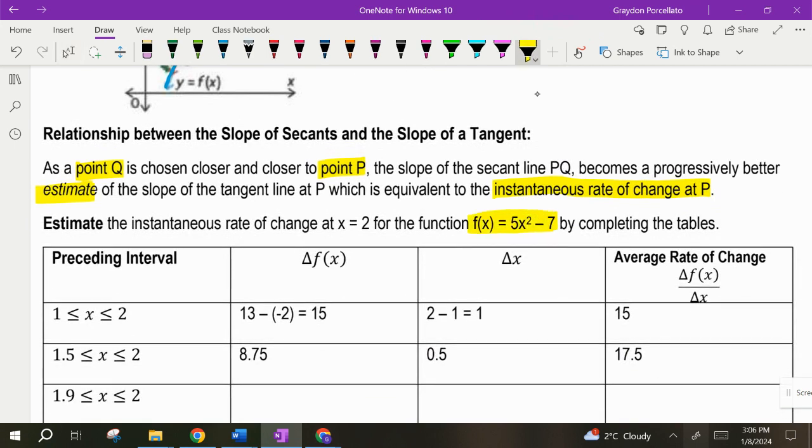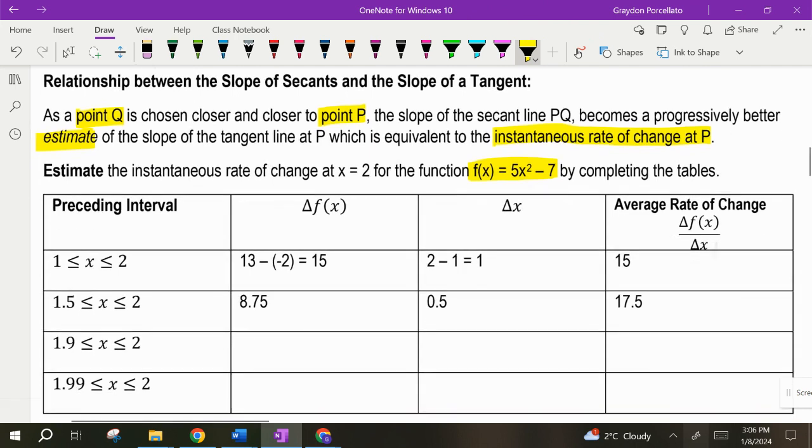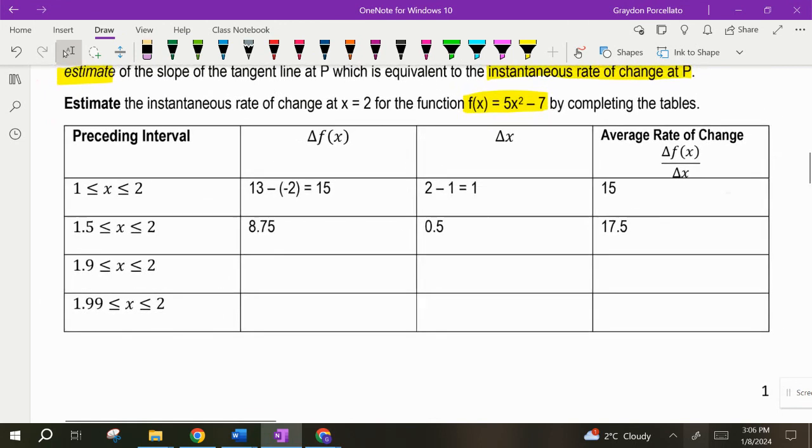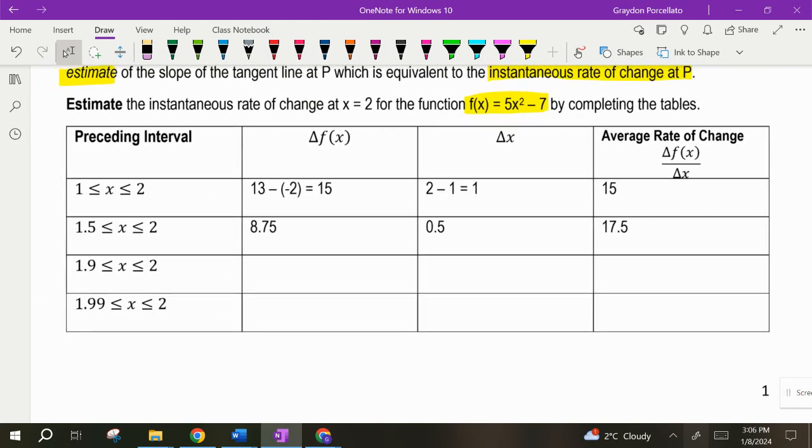We're going to use this function as an example. It says, estimate the instantaneous rate of change at x equal to 2 for the function f of x equals 5x squared minus 7 by completing this table. I'll give you a second to copy this table into your notes, and I'm going to go through and determine each of these values.